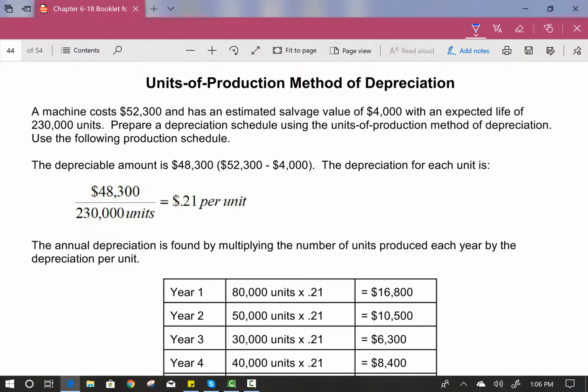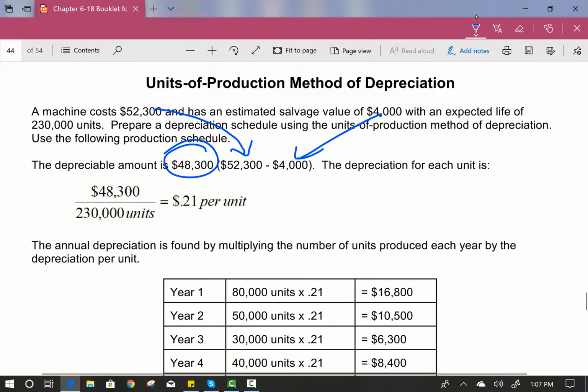So the depreciable amount is $48,300. How did I get that? I get it from the cost less the salvage value, and that will equal $48,300.